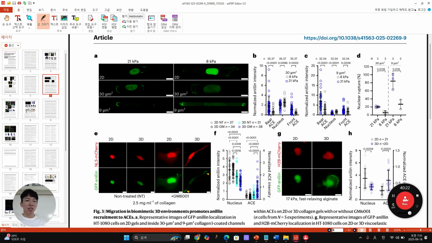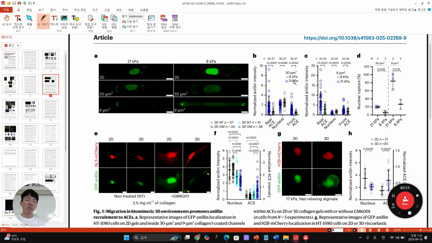So here, 21 kilopascal, 2D culture plate, they're like this, 3 by 9 micrometer, also detected ACE structure, right? 8 kilopascal, a little dim in 30, but in 9 very dominantly you can see it, ACE structure. So they found out that annealing intensity is higher at the rear of the nucleus in high stiffness.